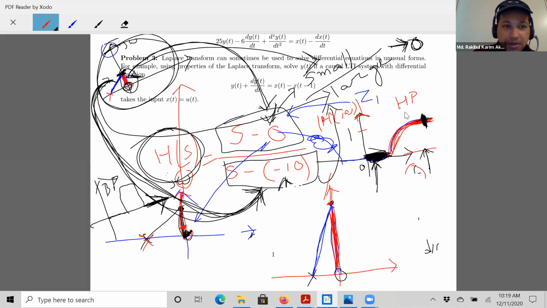This red line and blue line will become almost the same. If this part is very long, then this small distance does not matter. Their length will become almost the same.